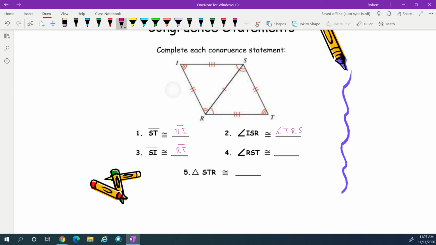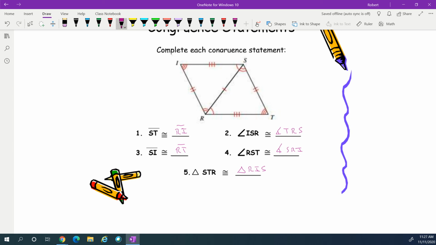RST, angle RST is going to be congruent to angle SRI. And finally, triangle STR is congruent to triangle RIS.